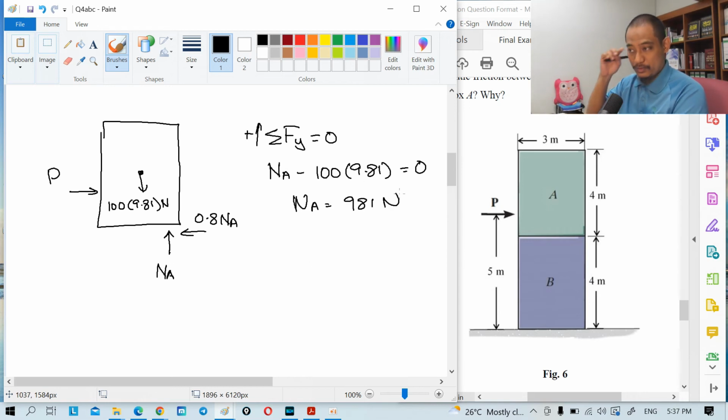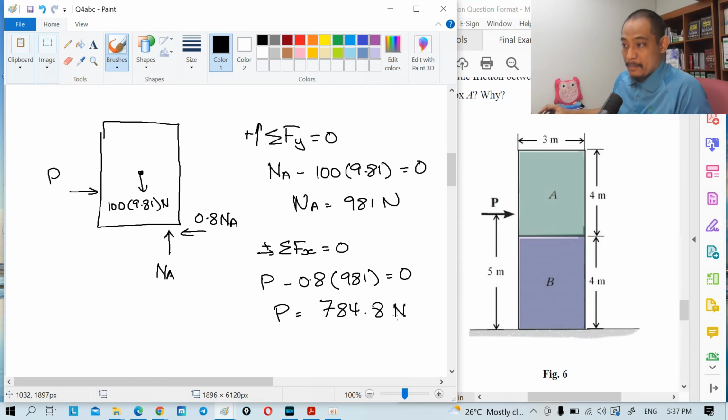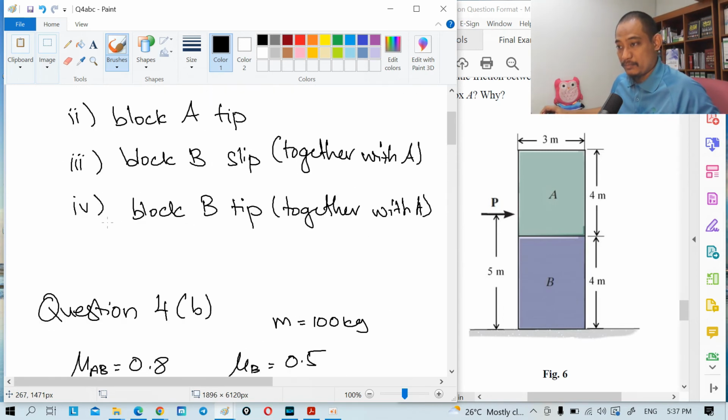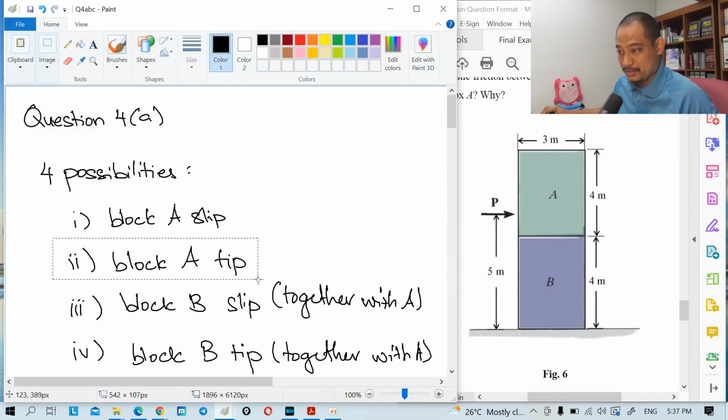Then summation of Fx equal to 0, taking positive to the right, P minus 0.8 N_A equals 0, so P equals 0.8 times 981, which is 784.8 Newton. That's scenario number 1. Let's go for scenario number 2, which is block A tip.